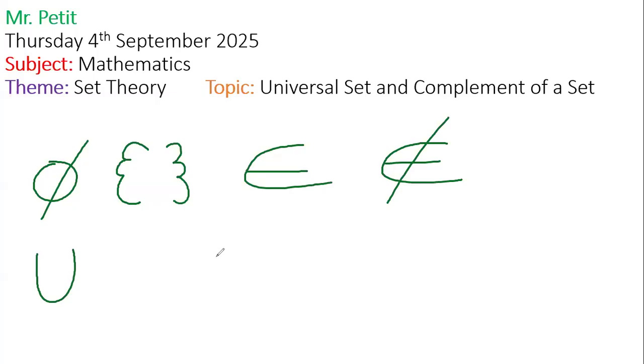What is this symbol? The union, very good. That's Cristiano, right? Yes, sir. What is this one? Intersection, very good. What is this one? Say it again, Brianna.